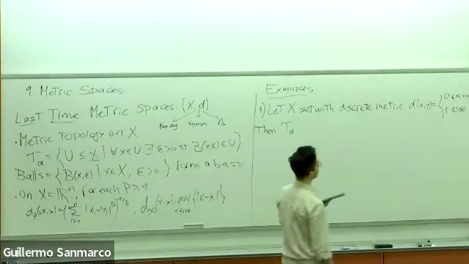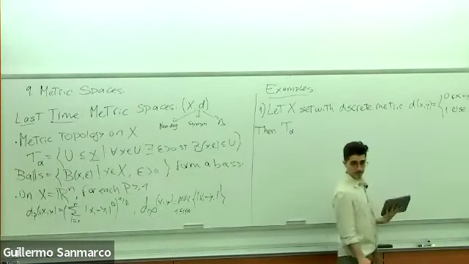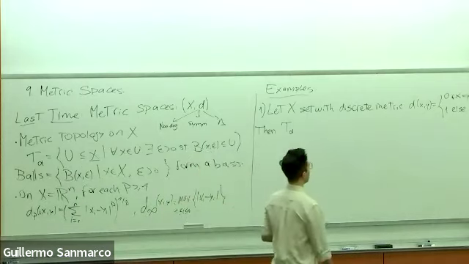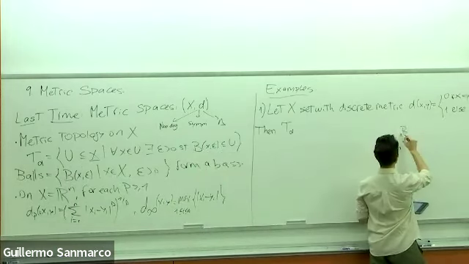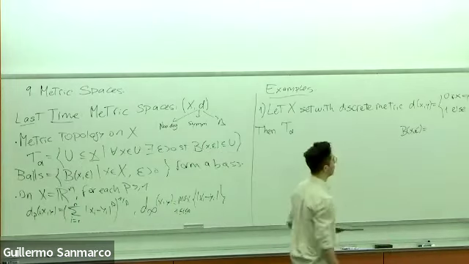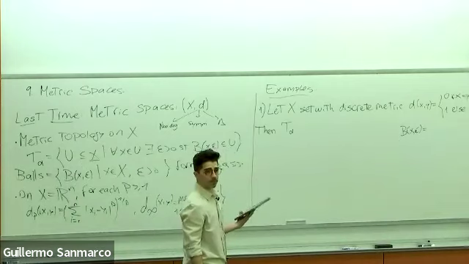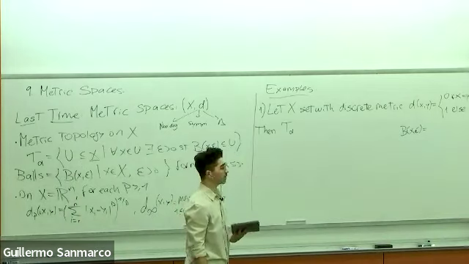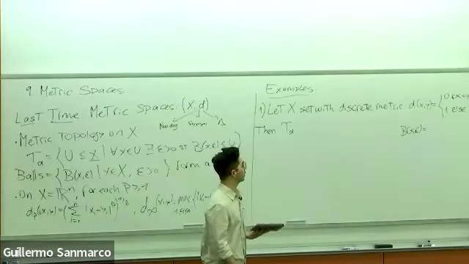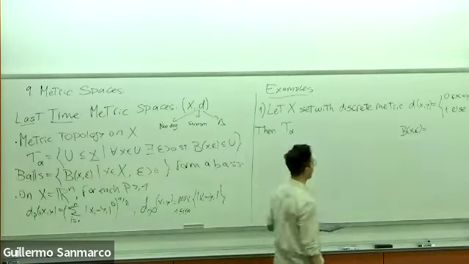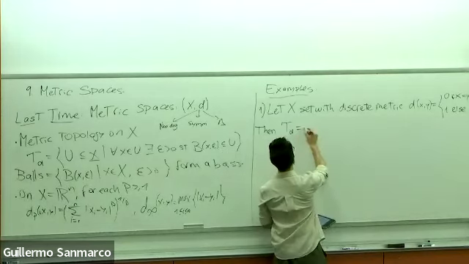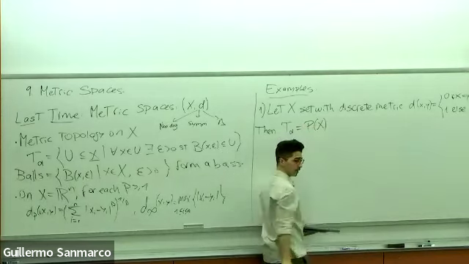If you center at x, what are open balls? So the ball centered at x of radius epsilon is going to be trivial in case epsilon is smaller than 1, or also trivial, but in the other sense, if epsilon is bigger than 1. So T_d is going to be the discrete topology.